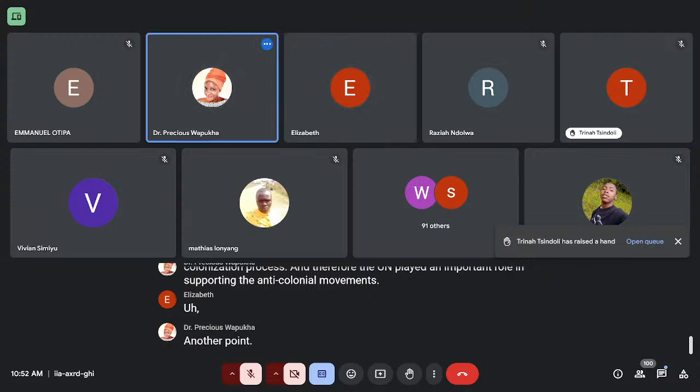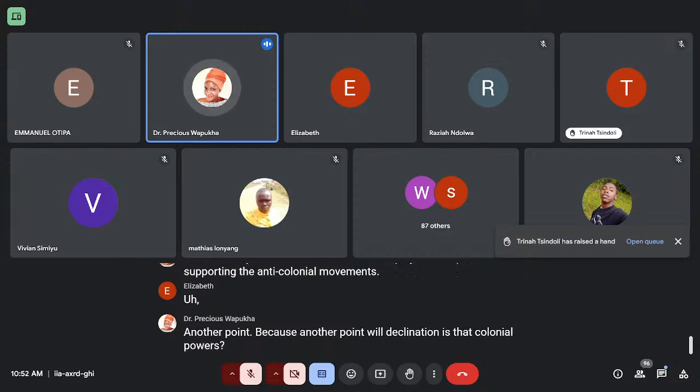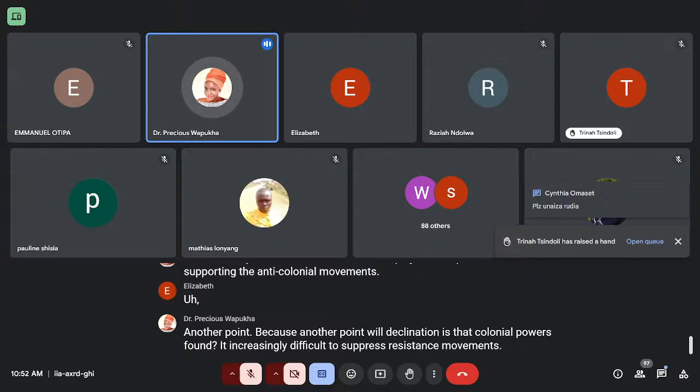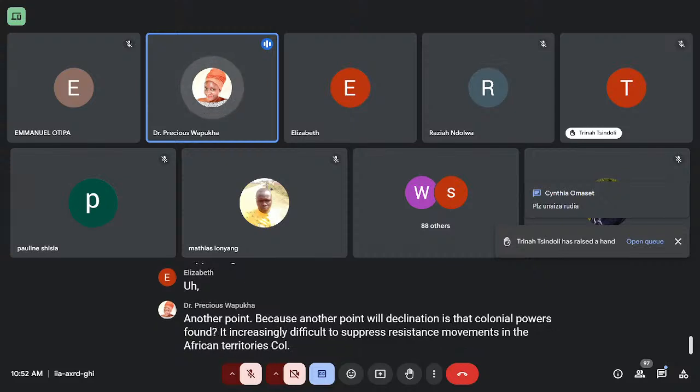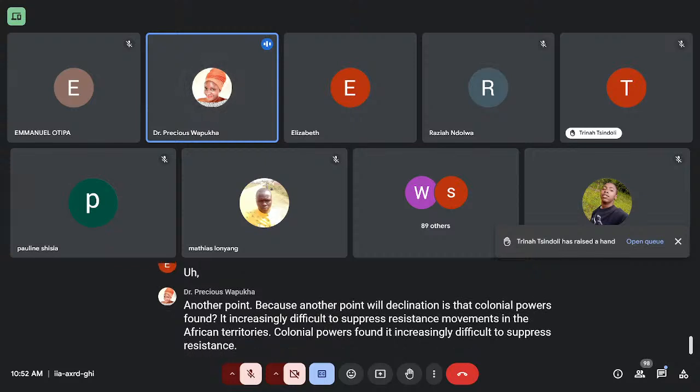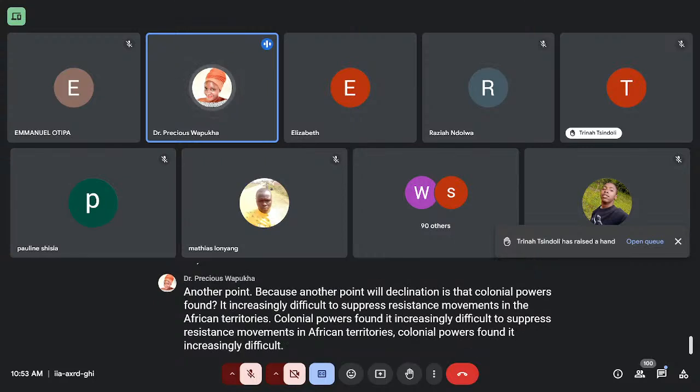Another point on decolonization is that colonial powers found it increasingly difficult to suppress resistance movements in their African territories.